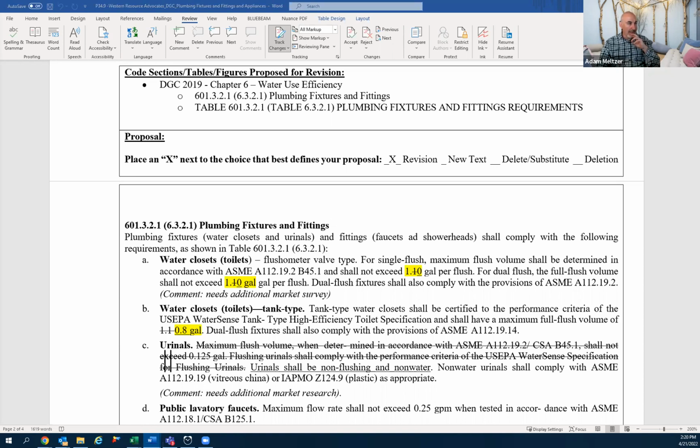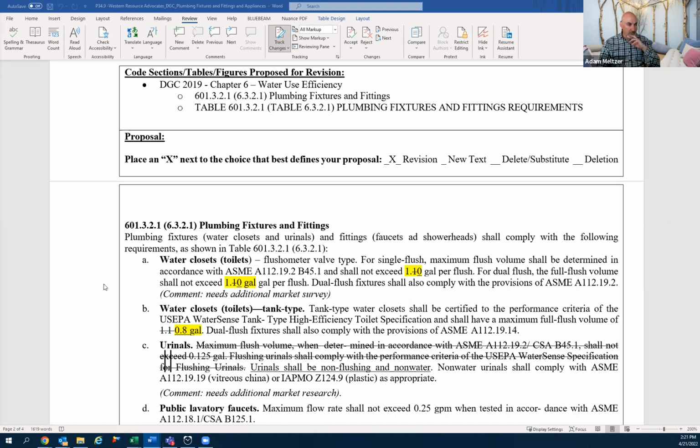The 0.8 is a little frightening. I'm going to leave that alone. I'm just thinking about the water closets now with the flushing meters, because that's mostly what I work with and what I see on my projects. The other thing is on item D, public lavatory faucets.